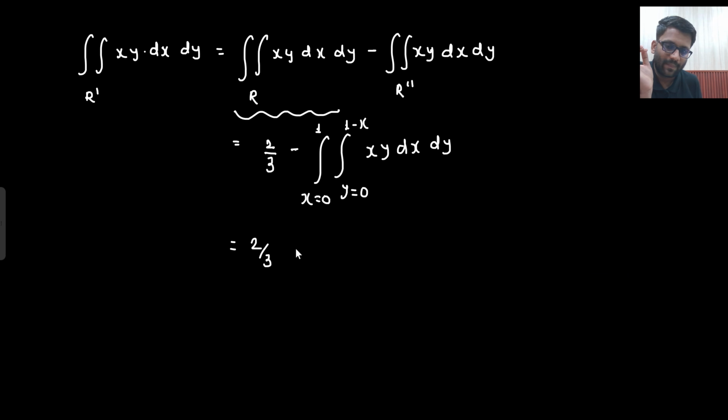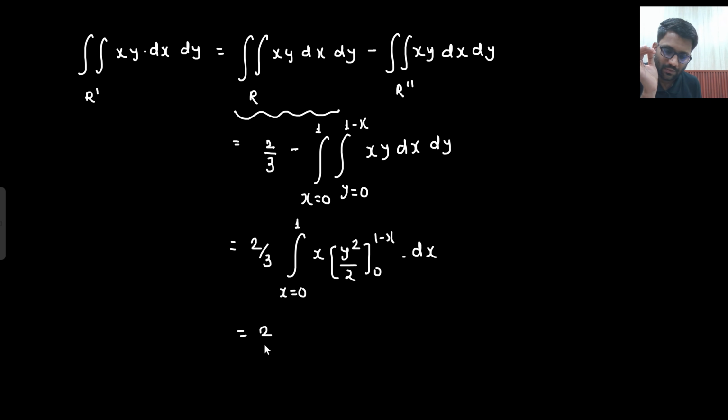So 2 by 3, limit of x going from 0 to 1, x is constant, y square by 2, from 0 to 1 minus x, dx. This 2 will come outside. Here you are getting 1 by 3. Okay, sorry, 2 by 3 minus was there, no? 2 by 3 minus was there.